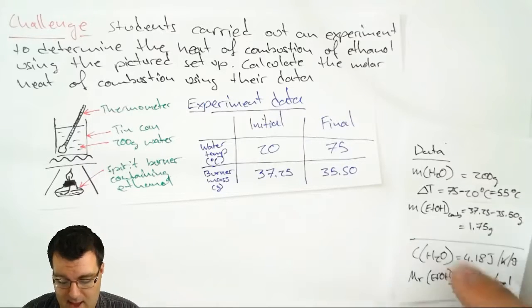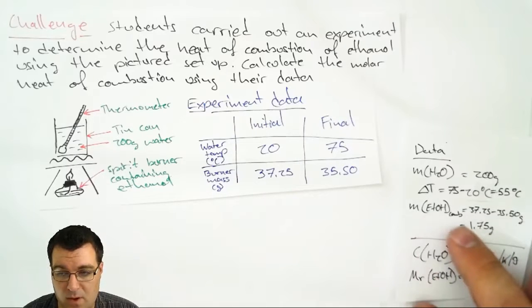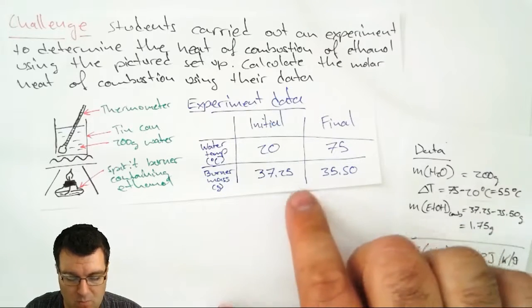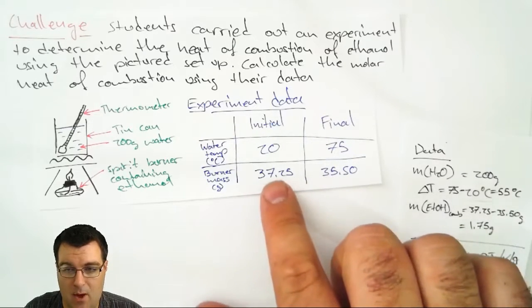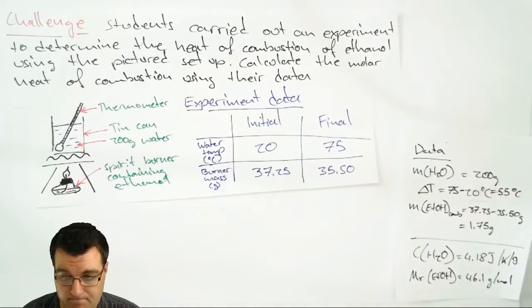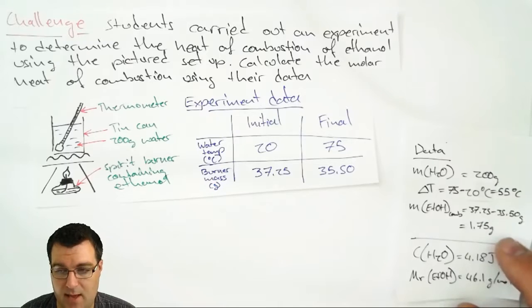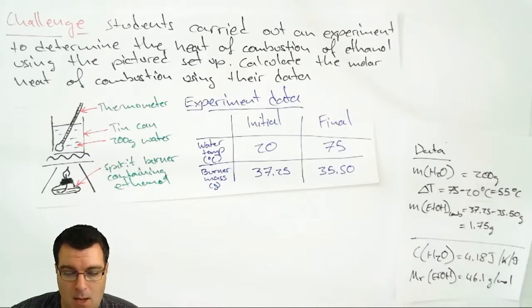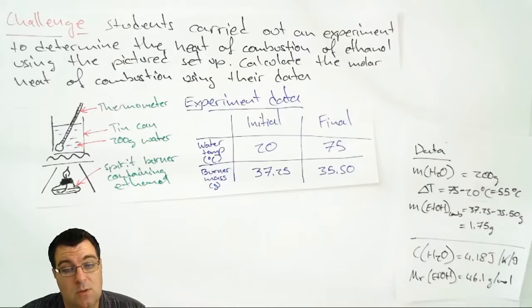We also have a mass of ethanol combusted, which we can work out from our initial minus our final mass of the spirit burner, and that comes out at 1.75 grams.